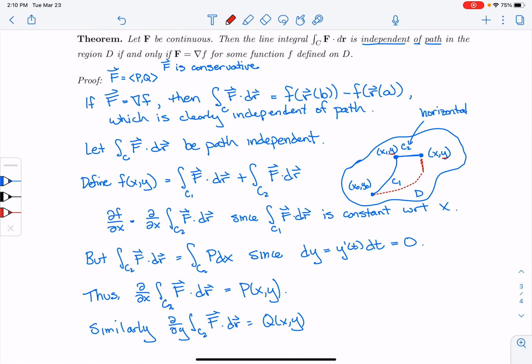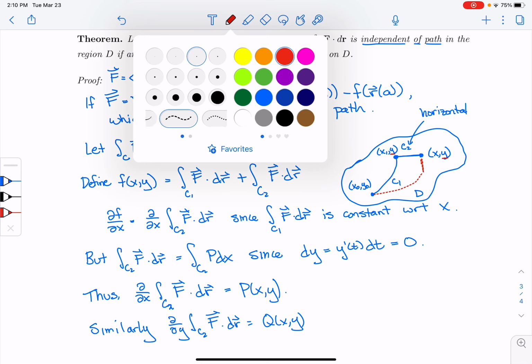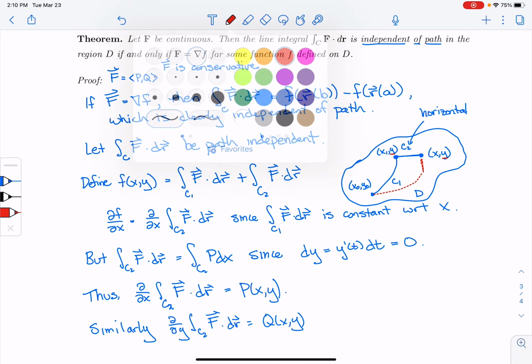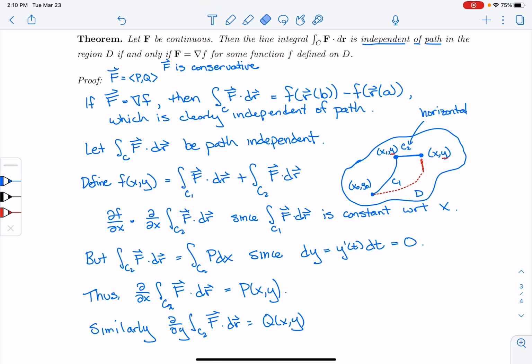If we do that, then we can show that d dy of the line integral of F dot dr over C2 in that case is Q. I'm not going to go through all the details, but we can basically do the same thing to show that.